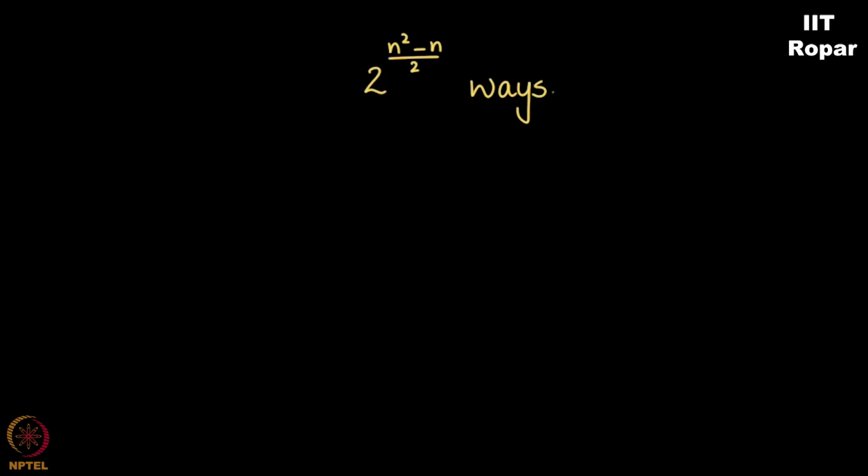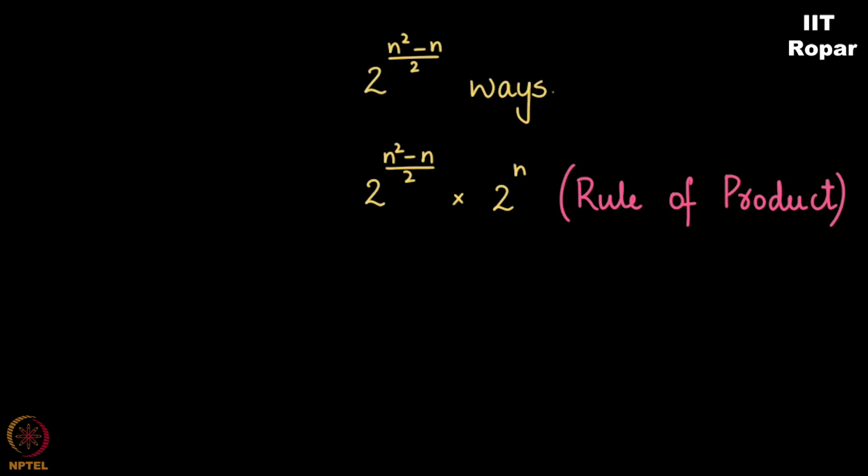But then after this, I have my freedom to choose whatever I want at the diagonal. That has nothing to do with your symmetric relation condition, right? Which means I am going to multiply this by 2 to the power of n. Why? That's because for every possibility here, you can write whatever you want on the diagonal. So this, if you remember, is the rule of product that we discussed earlier.